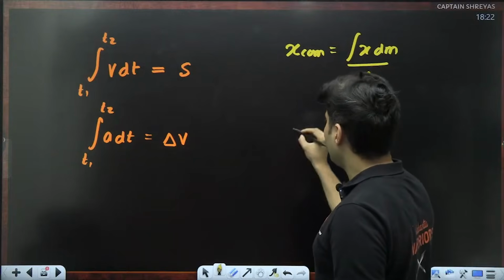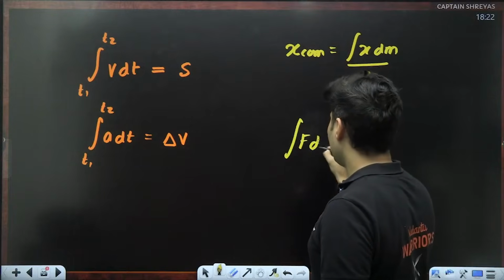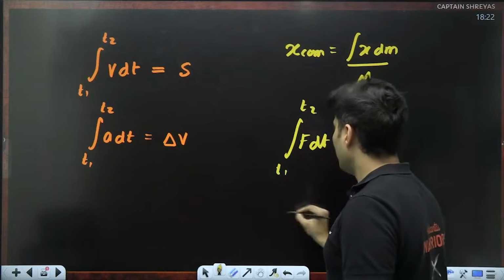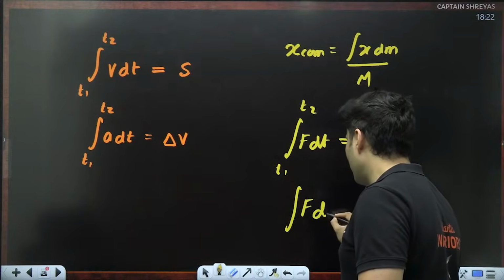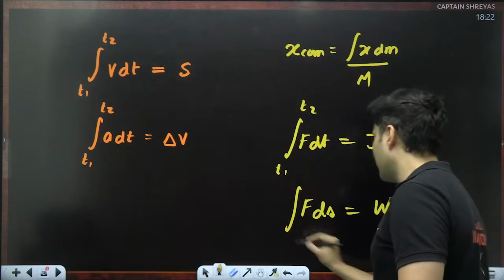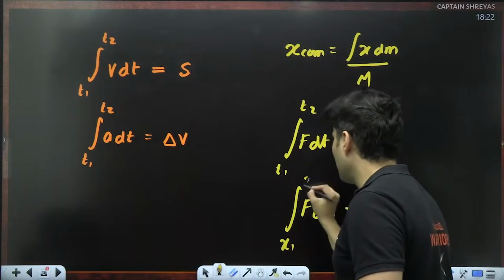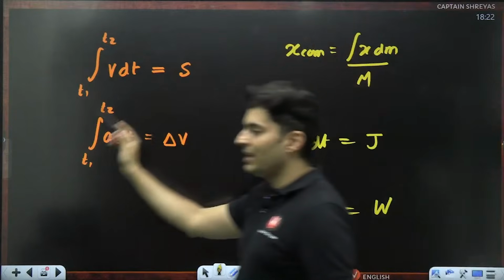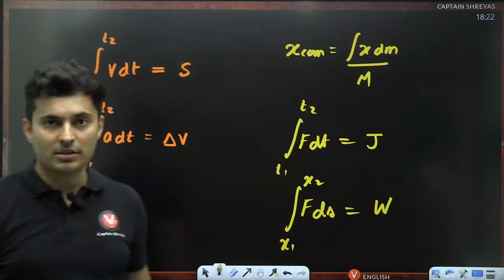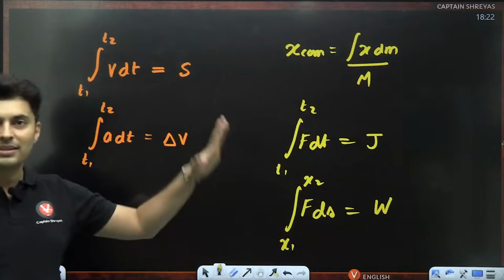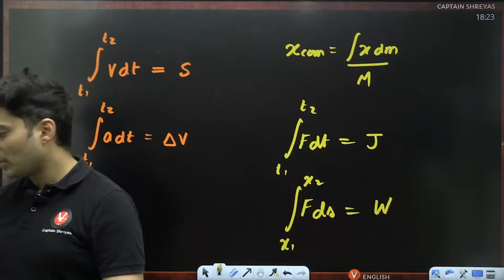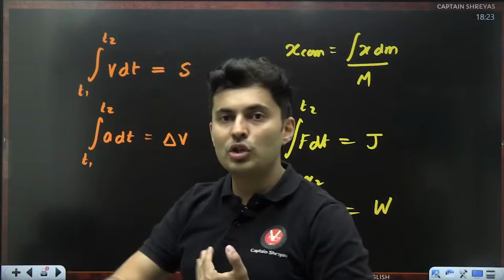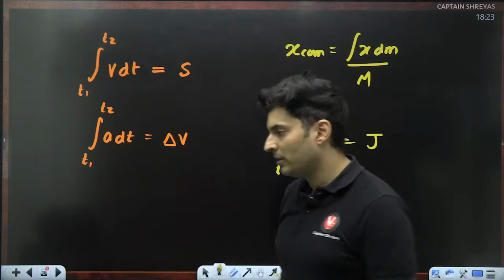Integration of force with respect to time will give me impulse from t1 to t2. Integration of force with respect to displacement will give me the work done from x1 to x2. So you will see the application of integration in many different ways across physics, in many places, later on. So if you know how to integrate, that's it, the job becomes very straightforward.